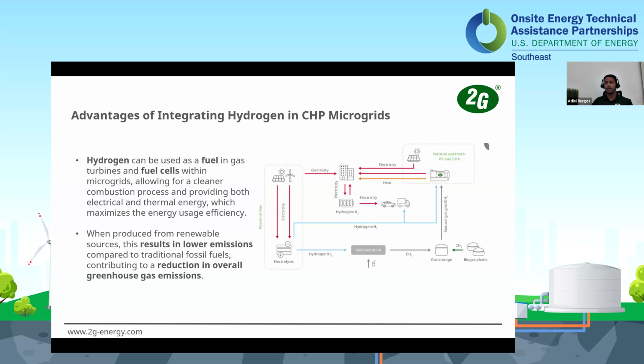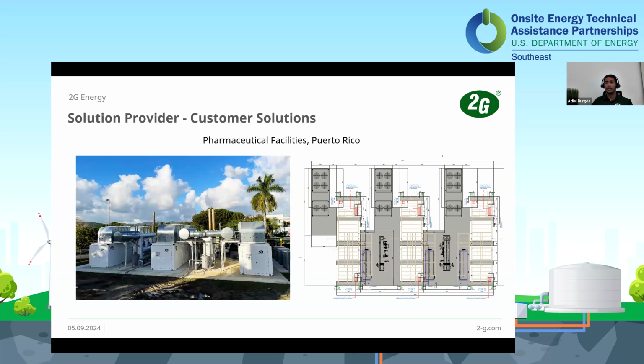And here I'll go over some of our installations briefly. This is for pharmaceutical. We have this 3.3 megawatts where we are supplying the site with steam. They have a configuration of 2 engines to 1 steam generator and then a 1-to-1.